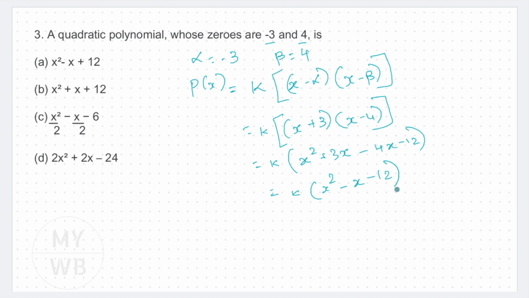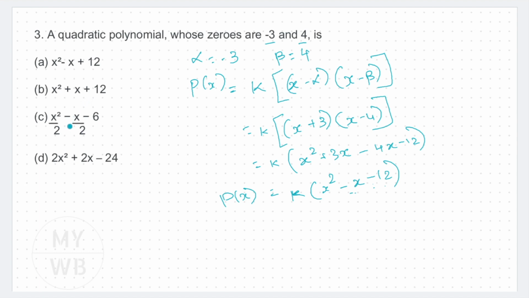Now, k is a constant and it can be any real number. Here we have the coefficient of x and the constant as negative terms. So let's check the options one by one and choose the most suited one. Here the signs are minus and plus. Here the coefficient is plus and the constant is plus.